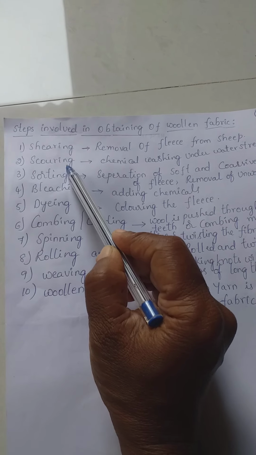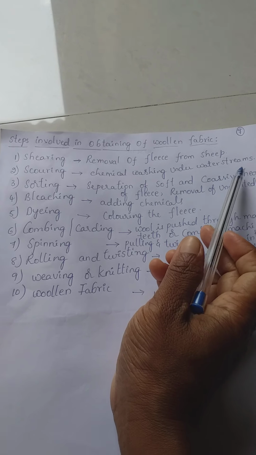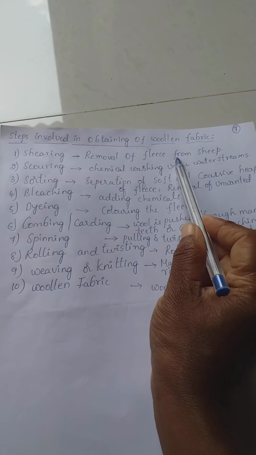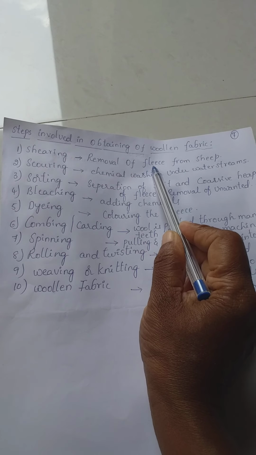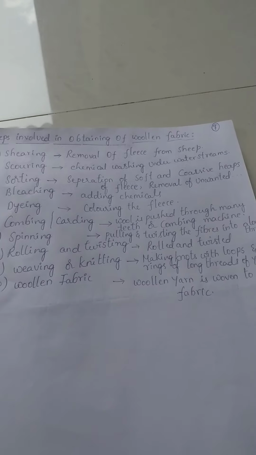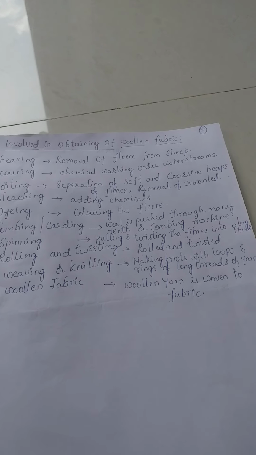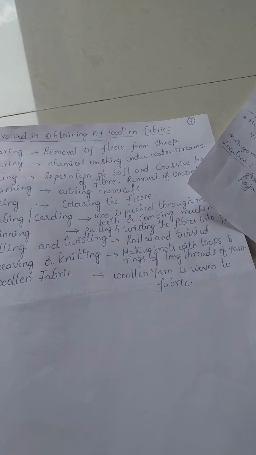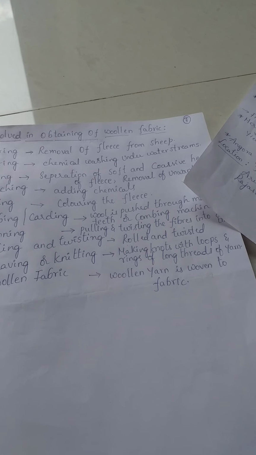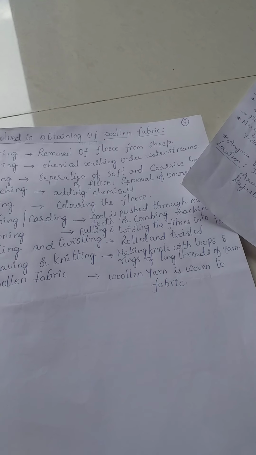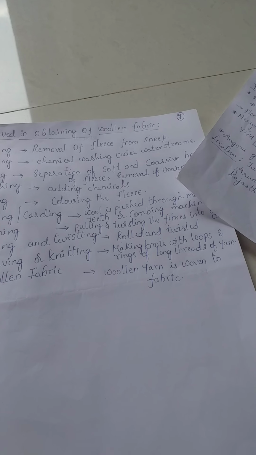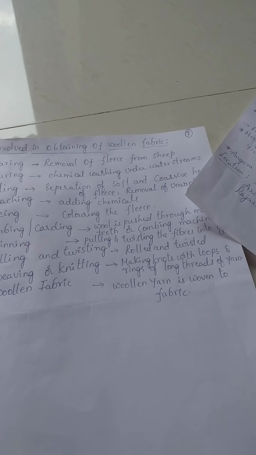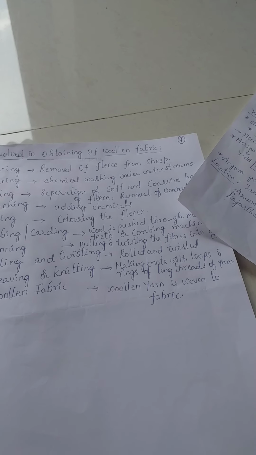Scouring is nothing but chemical washing under water streams. After removal of the fleece from the sheep, the fleece may contain many unwanted materials. So these sheared skins are put in big water tanks, and by using a large spade, they are stirred.